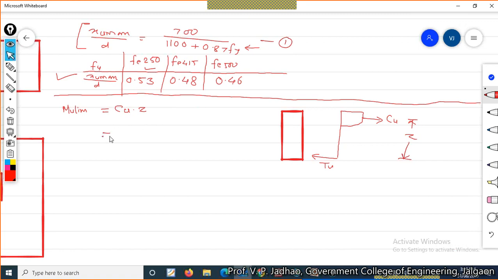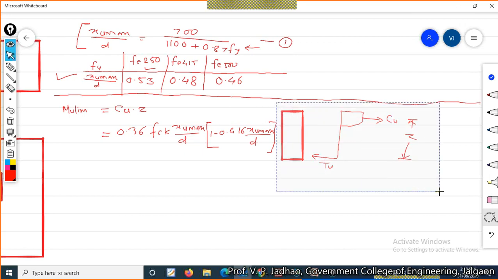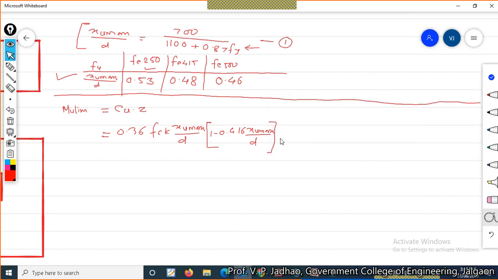Again, now we have this Cu value as 0.36 fck into Xu max upon d multiplied by 1 minus 0.416 into Xu max upon d, multiplied by bd square.